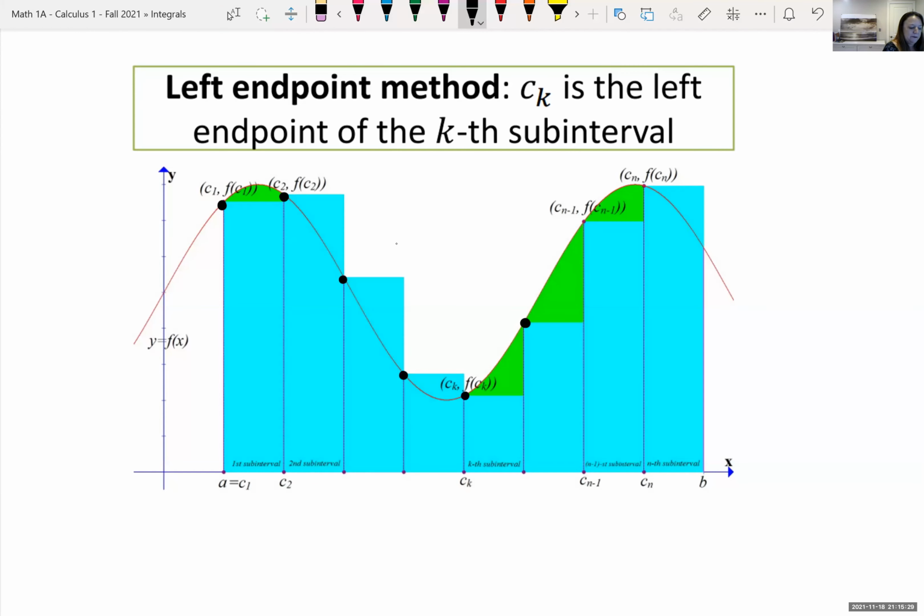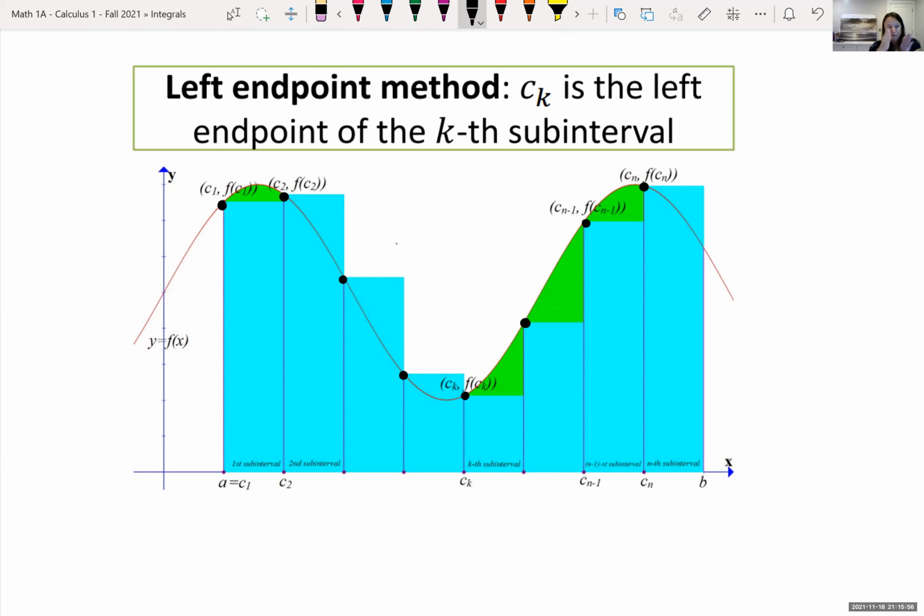So it really doesn't matter which one you determine to use. It's all going to give us an estimate. Some are maybe a little better than others, depending on the shape of the graph. But the more rectangles we get, again, the better accuracy that we're going to get. And then it really doesn't matter, because basically we're going to be using limits. We're going to take that number of rectangles off to infinity.